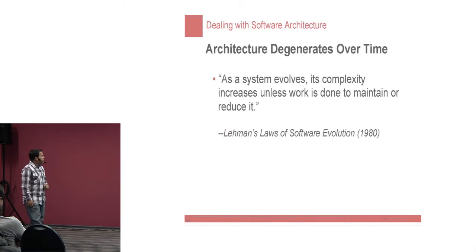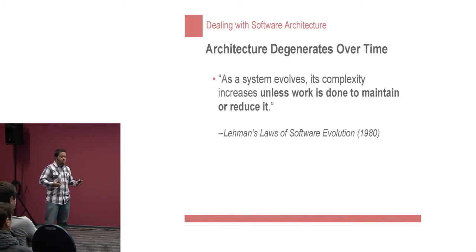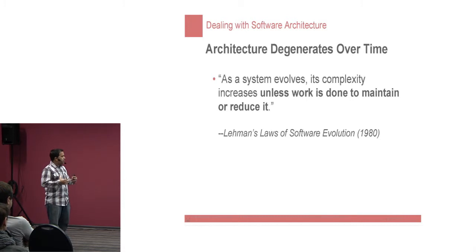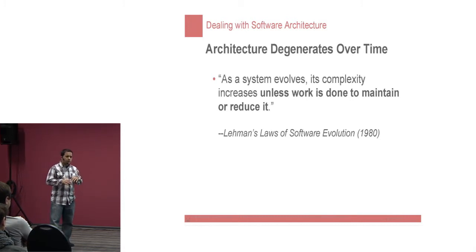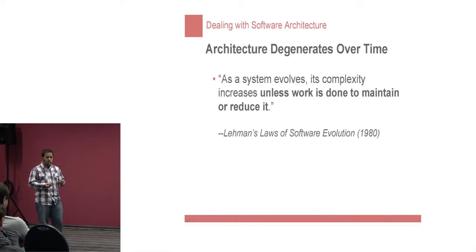Another one of Lehman's laws of software evolution from 1980 says that as a system evolves, the complexity goes up until we do work to actually control that complexity. So whenever I hear that in the Agile process, Scrum says we address the architecture as part of the stories we're going through, I say that's not enough.